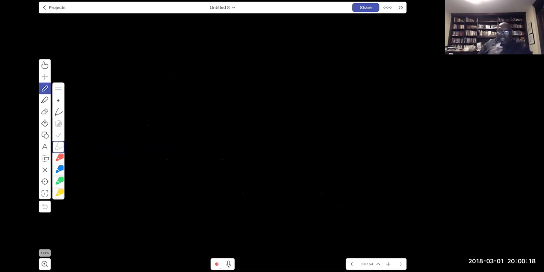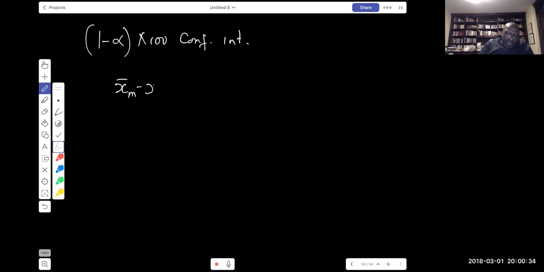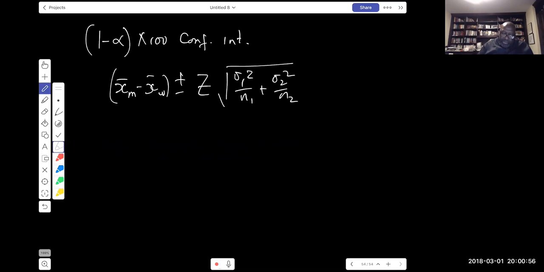So for this situation right here, the 1 minus alpha times 100% confidence interval would be given by X bar M minus X bar W. Let's put that in brackets, plus, and then Z. Why am I using Z? It's because the population standard deviations are known. Sigma 1 squared over N1, sigma 2 squared over N2.